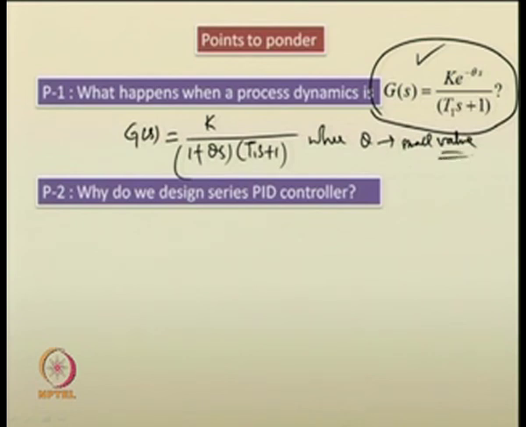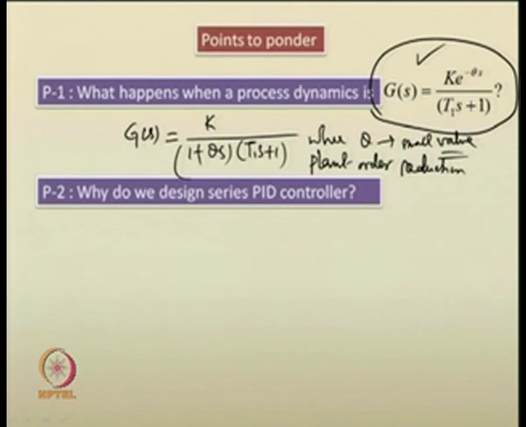When that is not so, make use of a plant order reduction technique or process order reduction technique to get the plant dynamics available in the form of an all pole transfer function.